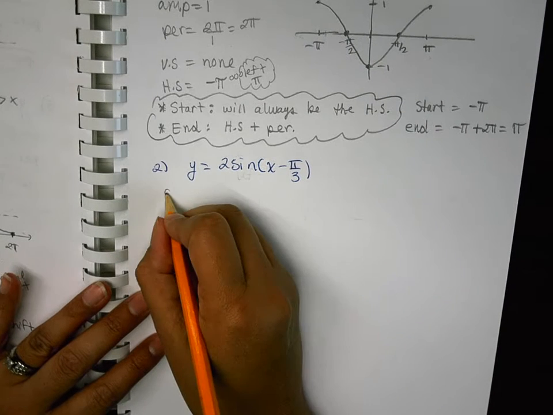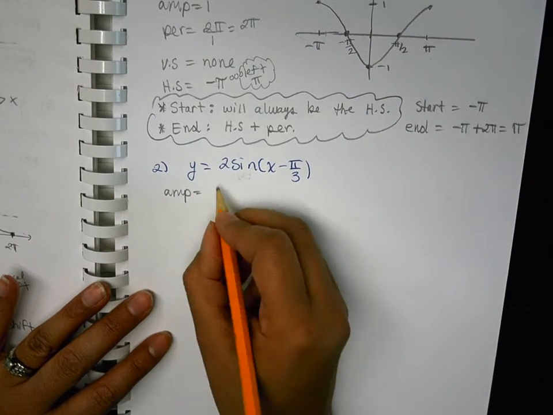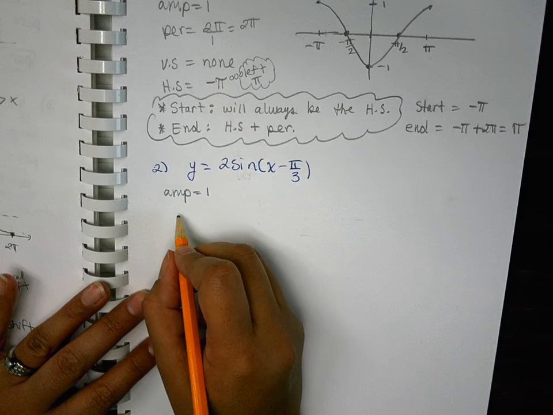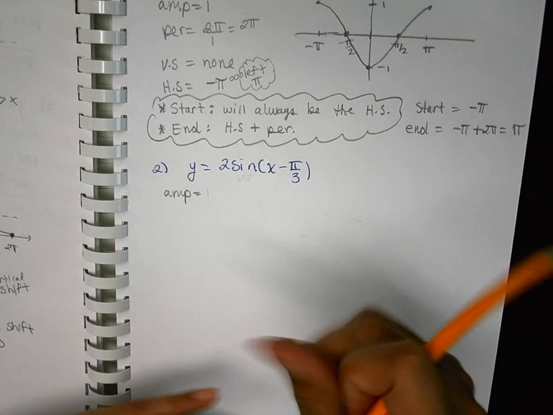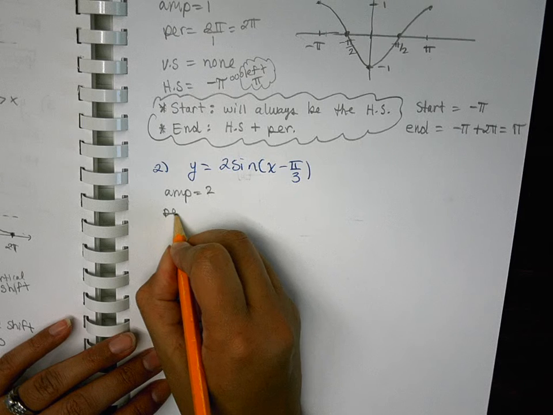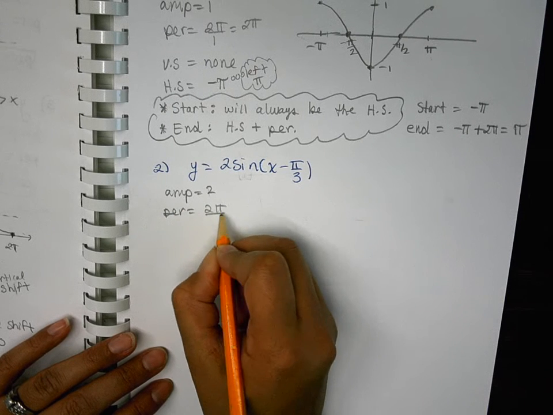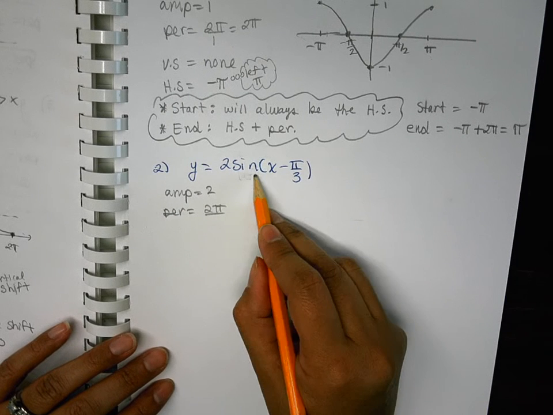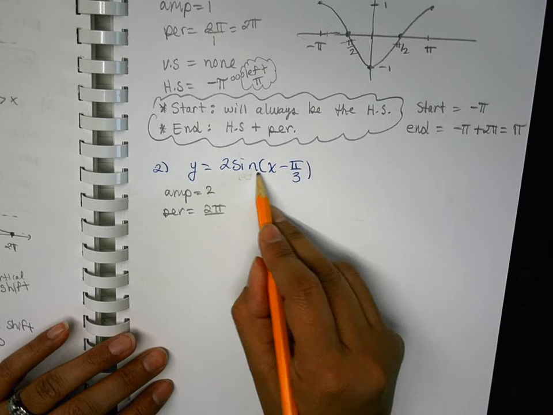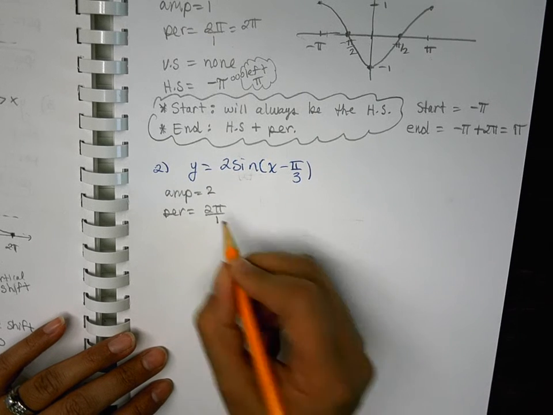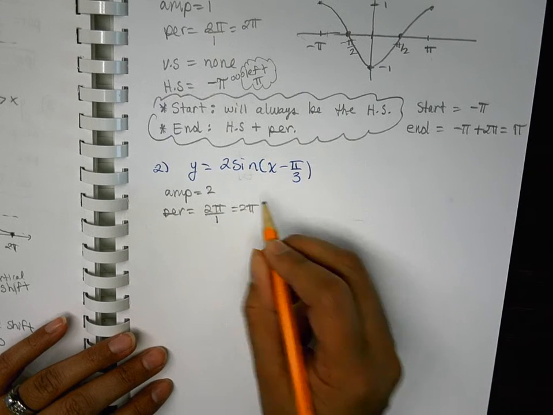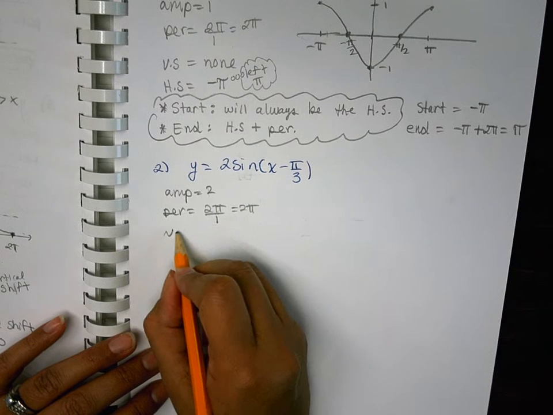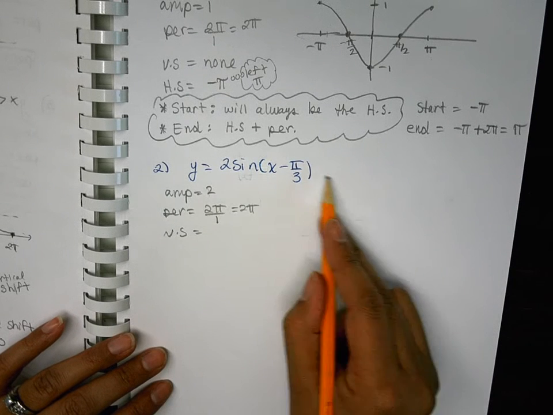Easy parts. Amplitude is what? Amplitude is not 1, it is what? 2. Period. 2 pi over, my coefficient might be inside or outside. Either way, it's 2 pi over what? 1. So it's just 2 pi. Vertical shift, is there a vertical shift? None.